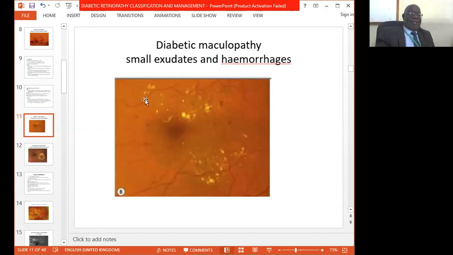Okay, so you can see all that. With this, definitely there is macular edema here, and the vision cannot be expected to be 6/6 or 6/5. It will be worse, because there is edema here.